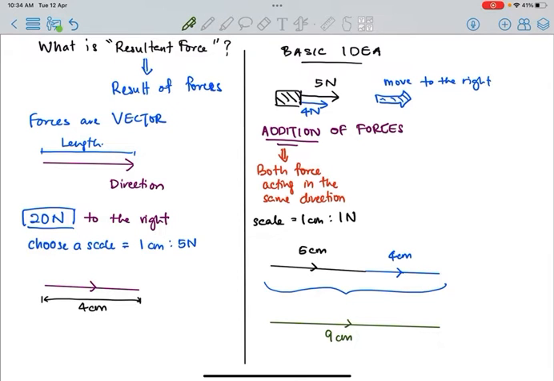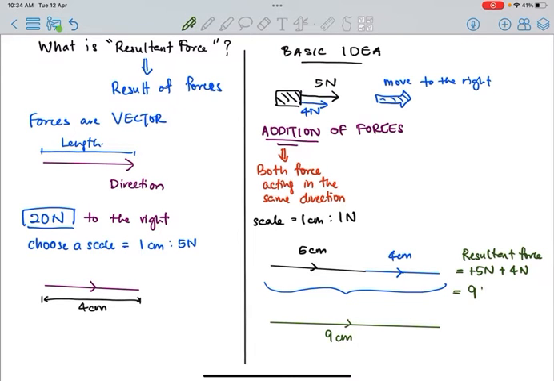So our resultant force will be equal to a 5 Newton force added to a 4 Newton force, which gives a 9 Newton force.